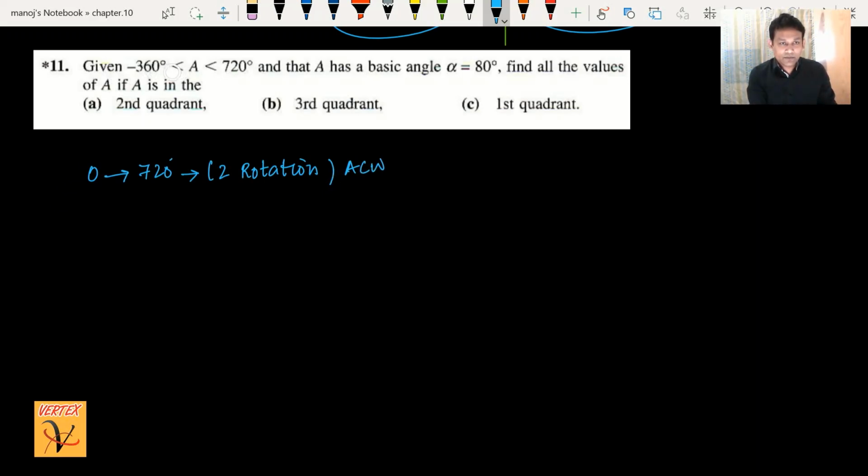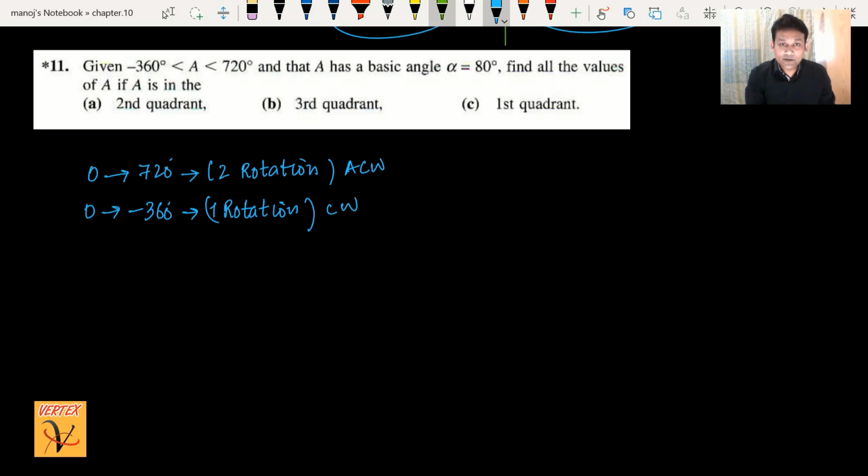And from 0 to minus 360 degrees, it means you have just one rotation, but clockwise.